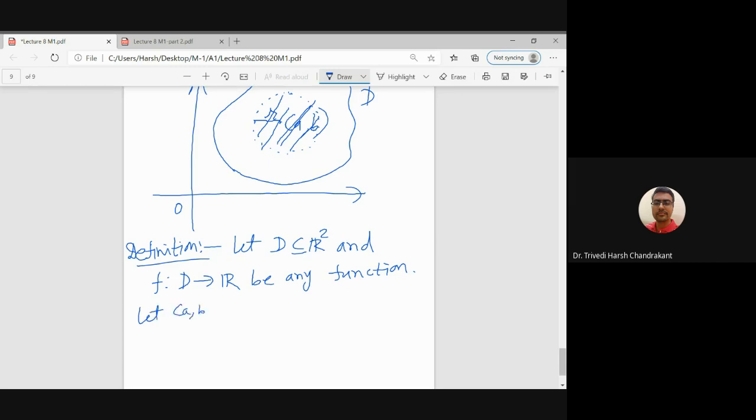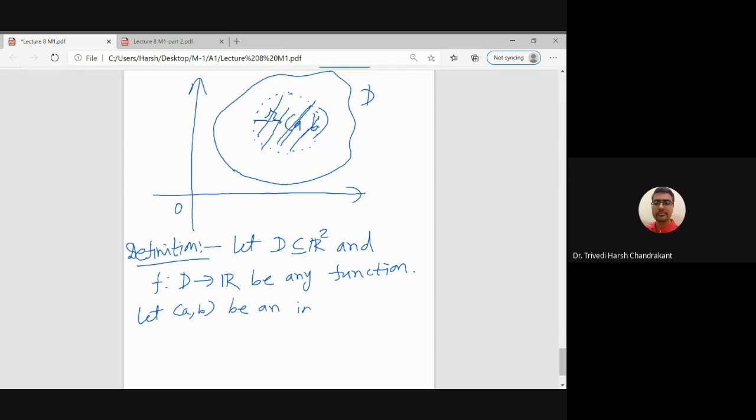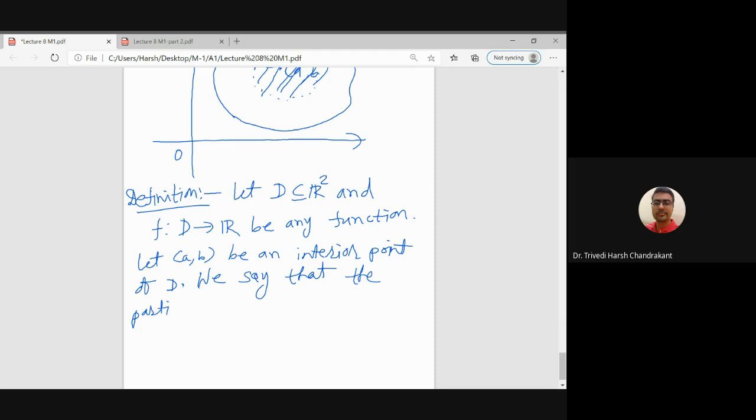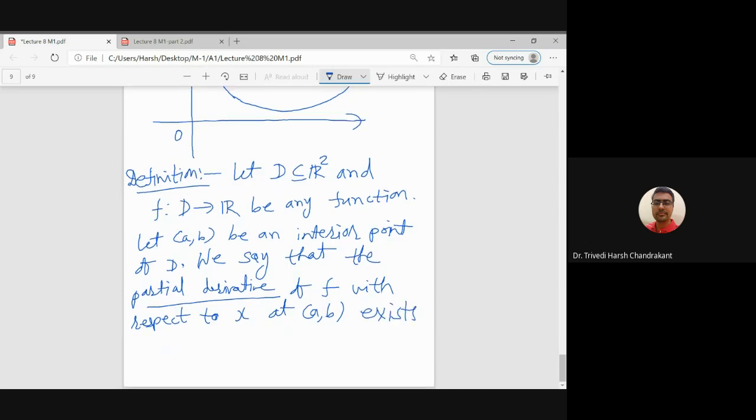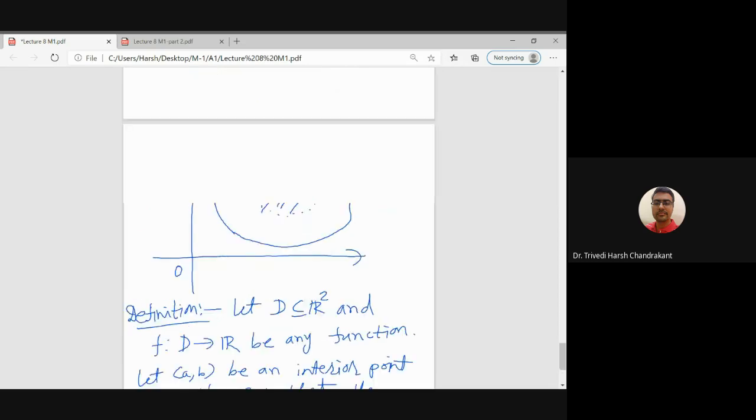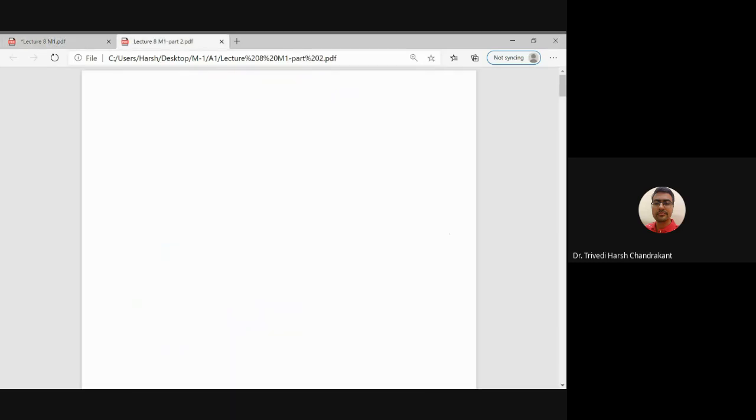Let (a, b) be an interior point of the domain D. So we say that the partial derivative of the function f with respect to x at the point (a, b) exists if, let me write the condition on the next page.